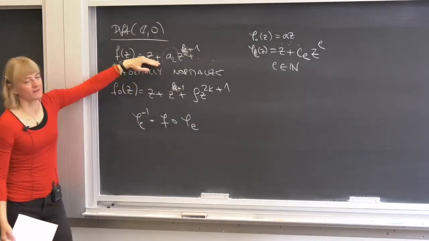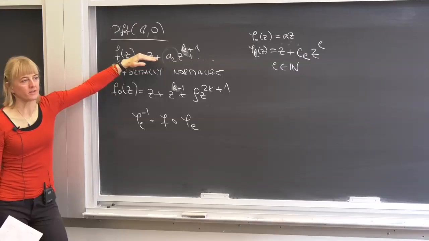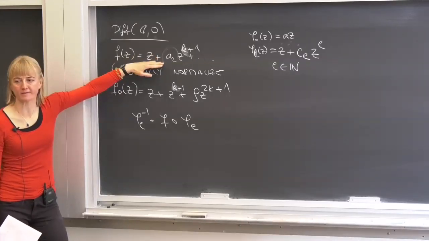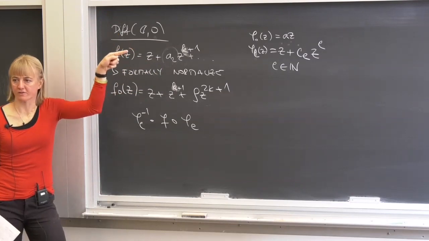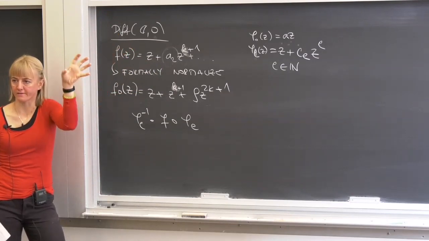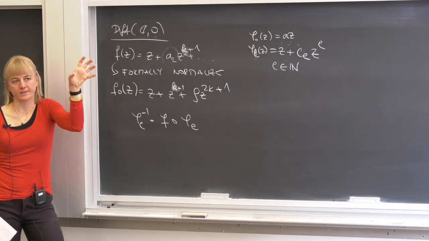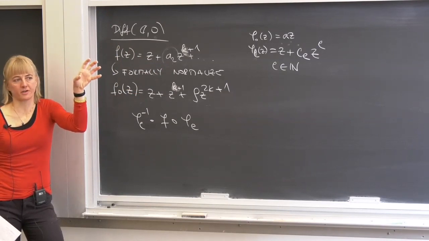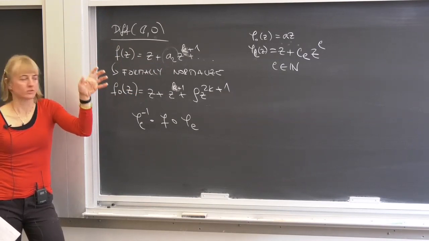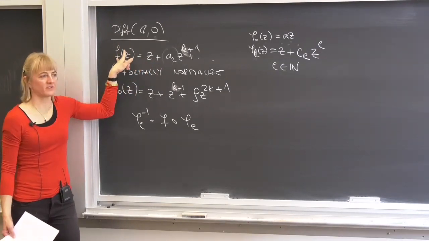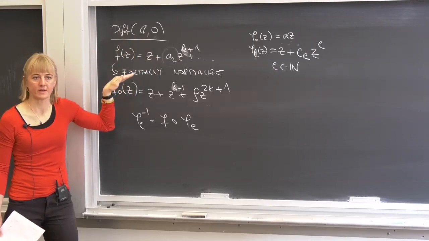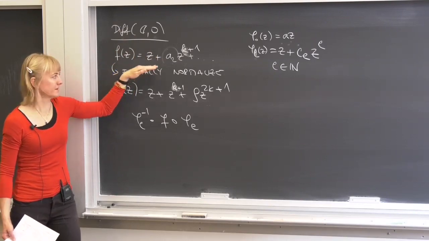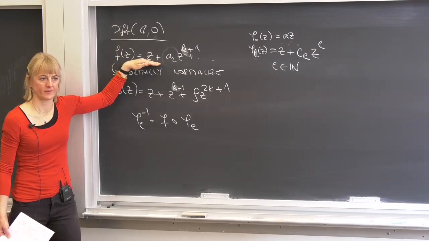So this is an analytic germ, but nobody guarantees that we can embed it analytically on the whole disk into a vector field that is also analytic in this disk. And this is actually in the generic case not the case. So for a parabolic germ, it is very rare that we can embed it analytically in a vector field on the whole disk. What happens is that we can do it sectorially.